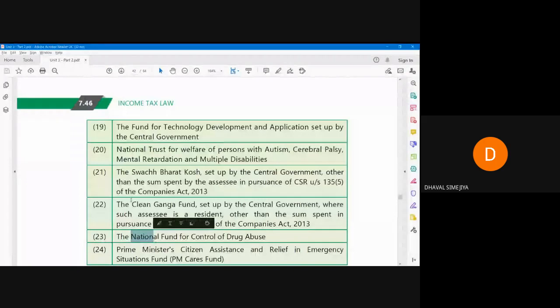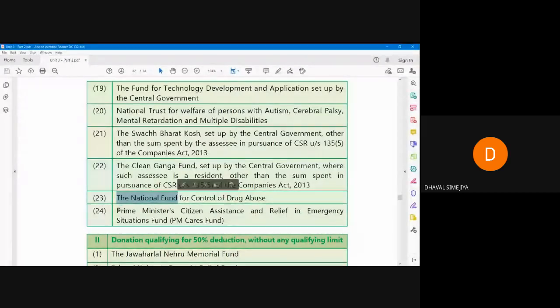or look, these are recent ones, given in recent times: the Swachh Bharat Kosh Abhiyan, then the Clean Ganga Fund. If you donate your money to any of these, then you will get 100% deduction. So, as I have said earlier, you are supposed to remember the names, but it's quite logical to get the idea.